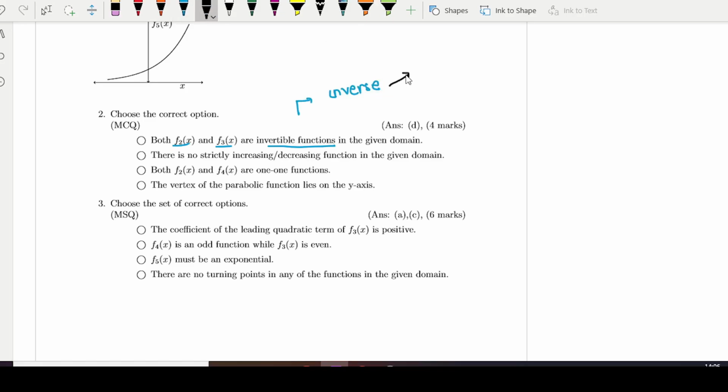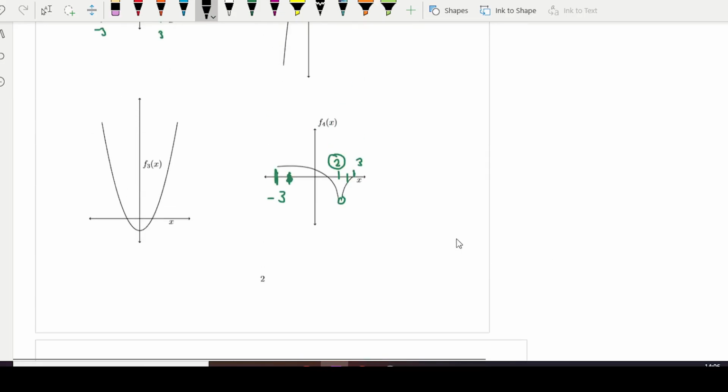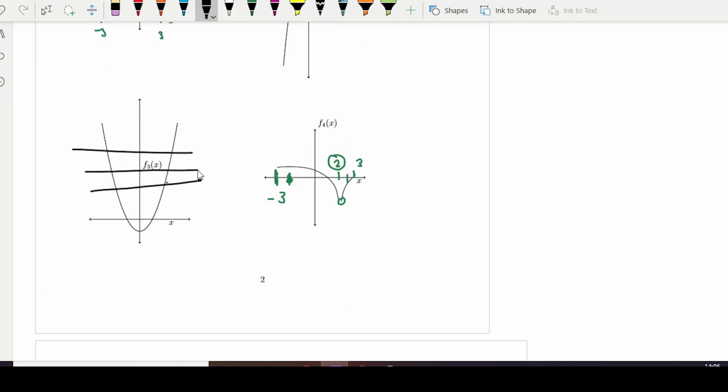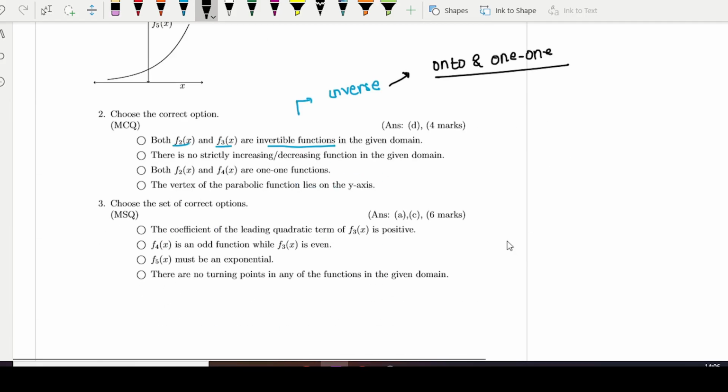So there are two criteria for inverse, that is it should be onto as well as 1 1, okay. So the function f3, this is not 1 1, okay. It fails the horizontal line test, so this option is incorrect. The second one is there is no strictly increasing or decreasing function in the given domain.